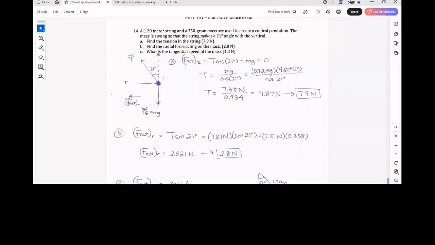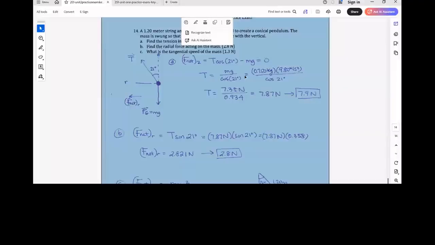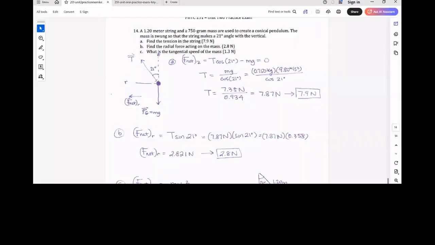But because it's traveling in a circle, I can look at the net force in the z direction and realize that this gravitational force, m times g, is now just making up one component of tension. It's not the whole story here. Since the angle is 21 degrees with respect to the vertical, T cosine 21 is going to give me this z-axis component.